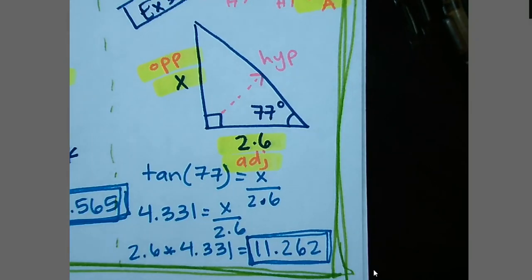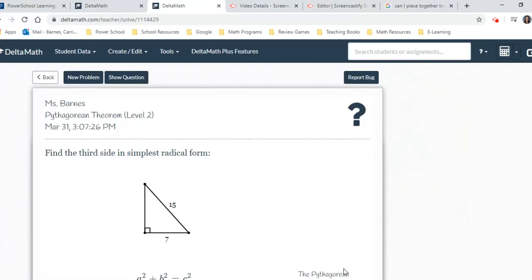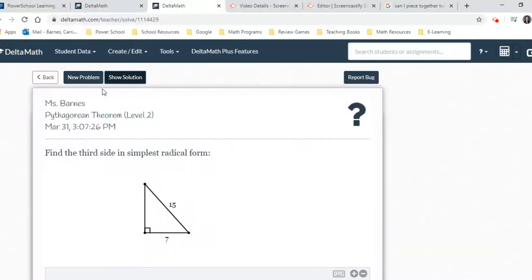Okay, so let me show you what this looks like in Delta Math. So this is the type of problem that it's going to give you. And notice this one gives you two sides. So what you're going to be using here is the Pythagorean Theorem. And if you get confused, you can click Show Solution. I accidentally clicked the wrong thing.